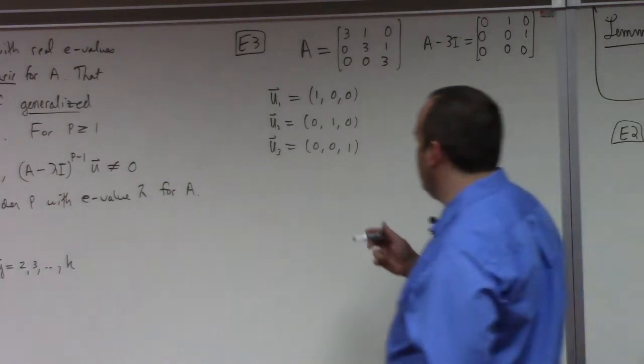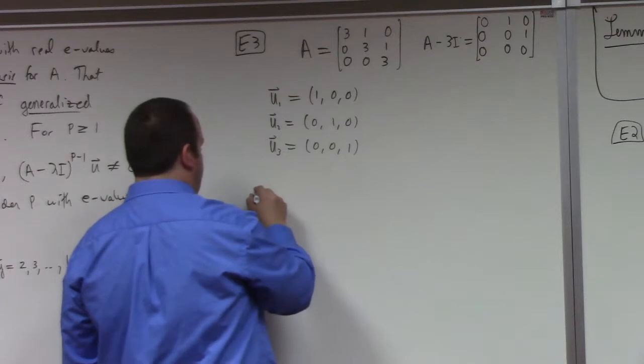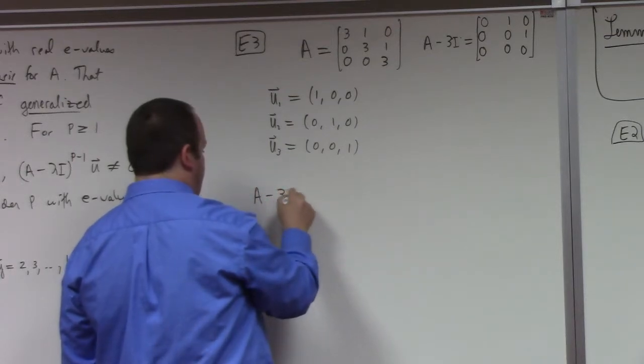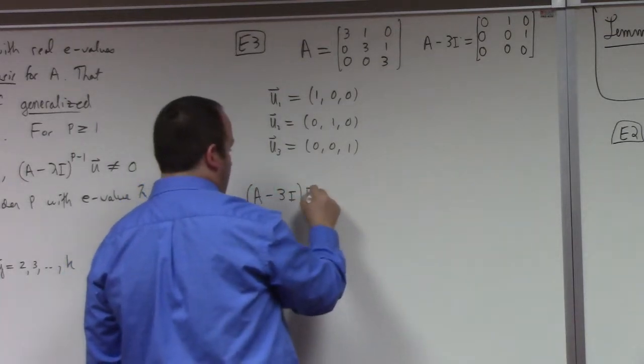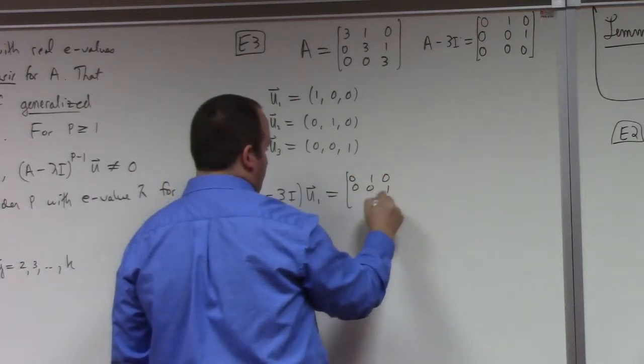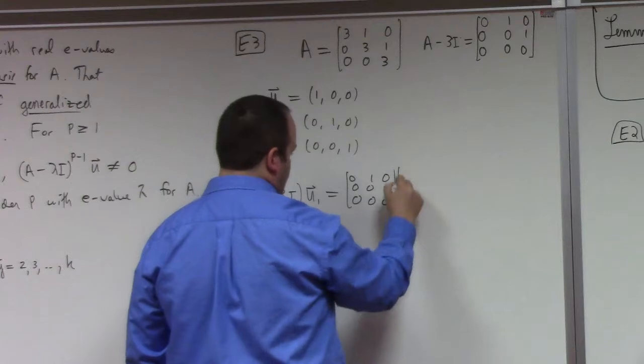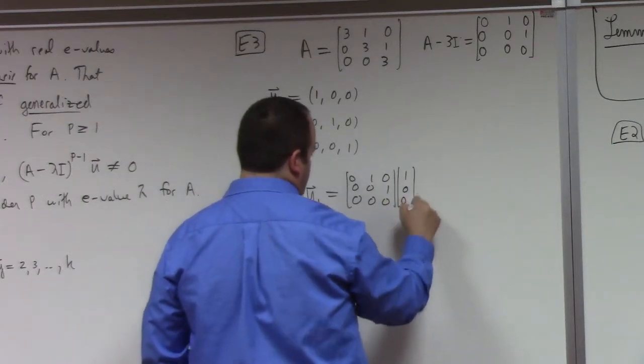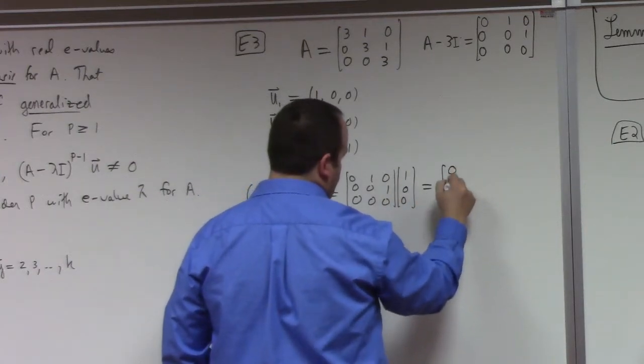Okay, so if we look at A minus 3I times U1, that's this matrix times (1, 0, 0), which is, by the way, 0.